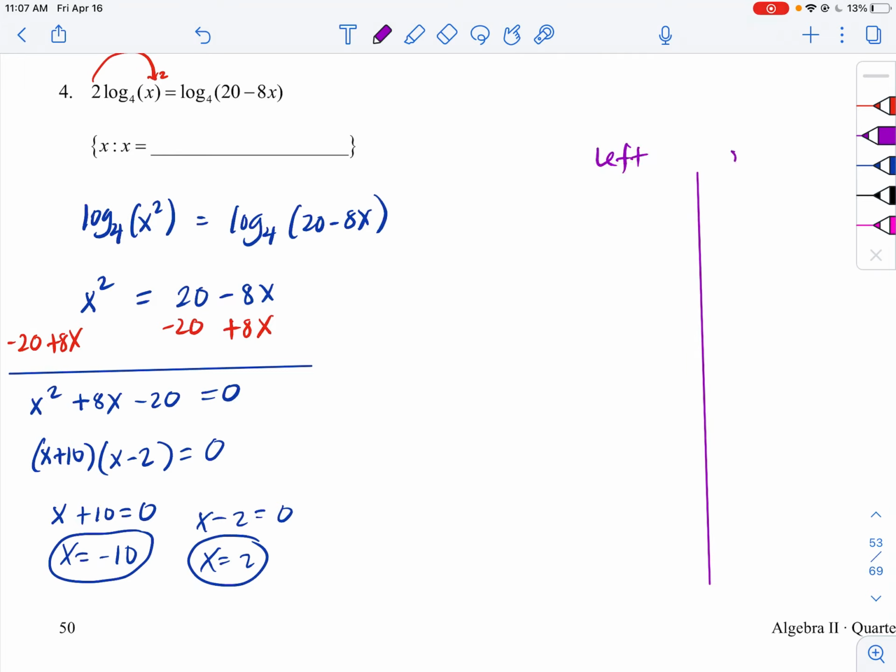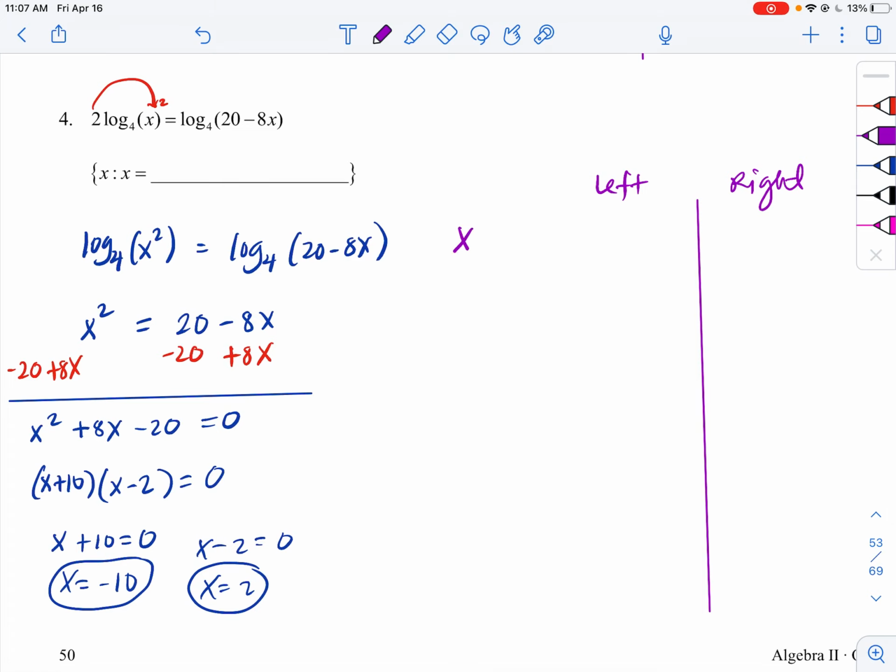So, left and right. I'm going to copy the original equation and plug in, what do we plug in first? 2? Let's plug in 2. So we have 2 times log base of 4 of 2. And again, the property says that we can put that as an exponent. So this is log base 4 of 2 squared, which is log base 4 of 4.